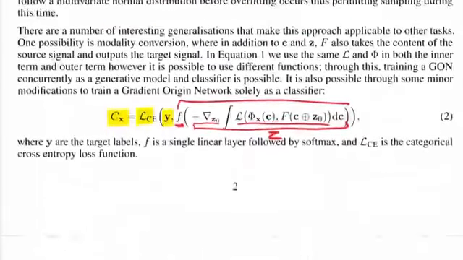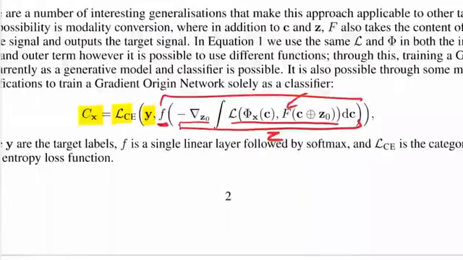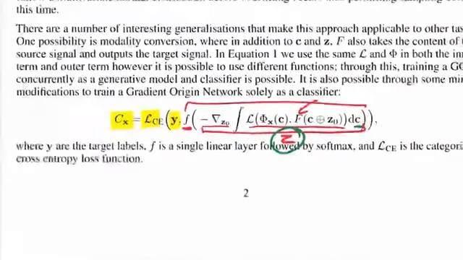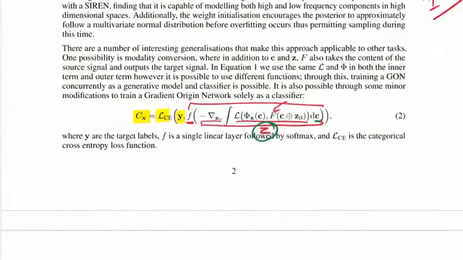And the cool thing is that you can actually use the implicit representation network F to give you features for the entire data sample Z. So you're kind of freed from the coordinate representation here, and you get a latent vector back. So this is how you would use an implicit neural network in order to do classification.